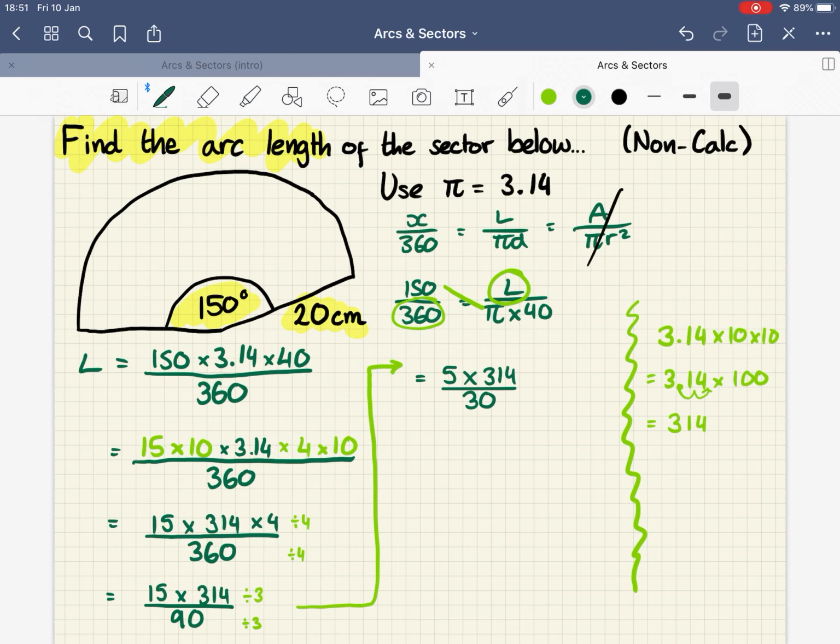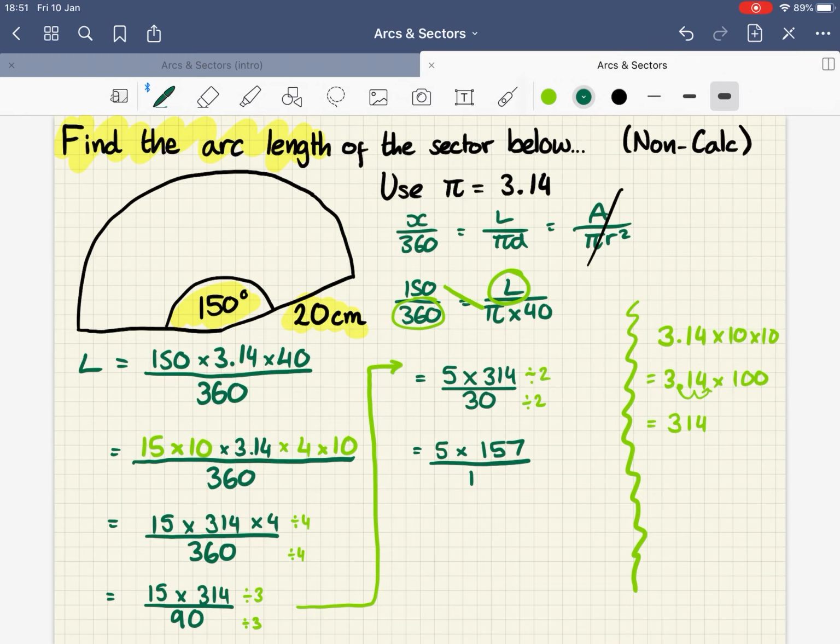At this point, what I might see is that, well, that's an even number, that's an even number, so I can divide them both by 2. So that's exactly what I'm going to do. I'm going to divide them both by 2. So I've got 5 times 314 divided by 2 would be 157.